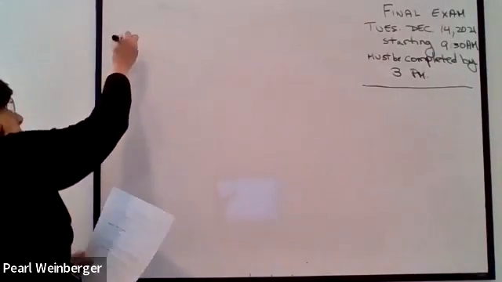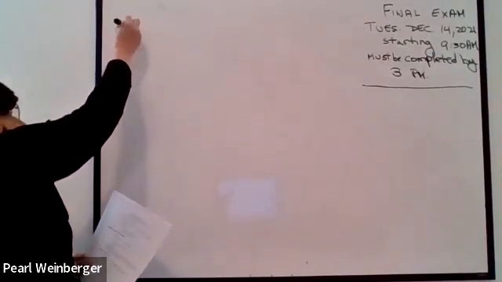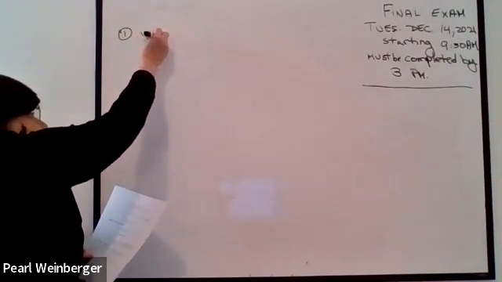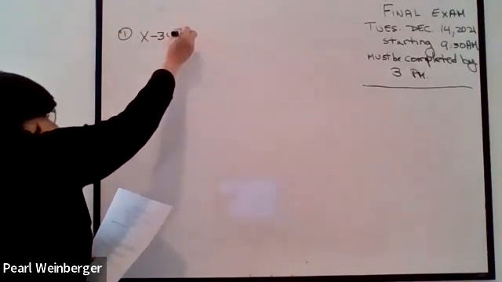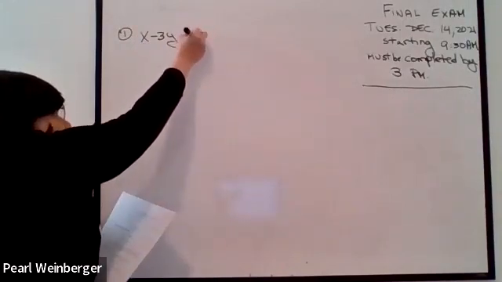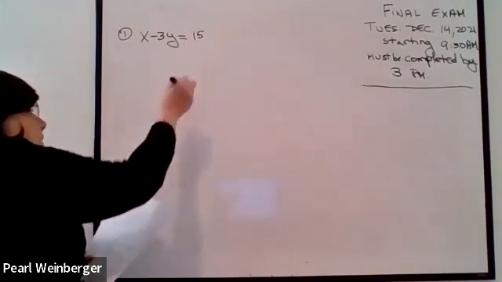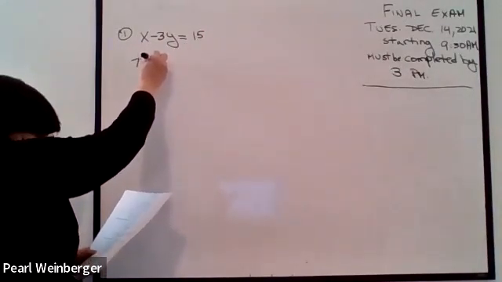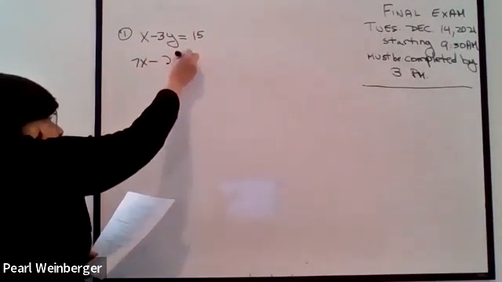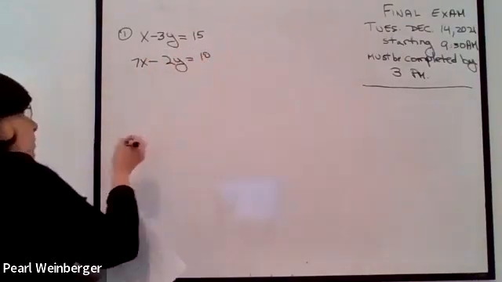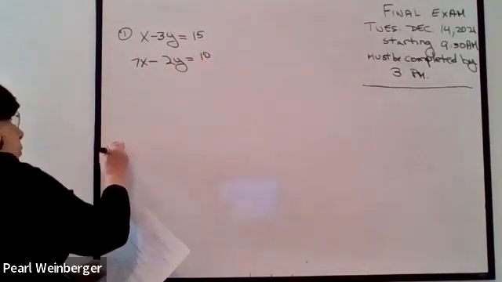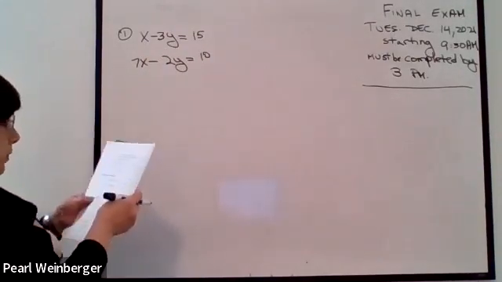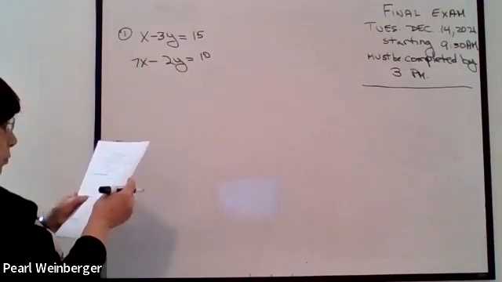First of all, solve this system of equations: x minus 3y equals 15, and 7x minus 2y equals 10. That's one question. And here's a word problem that we can use a system of equations for.